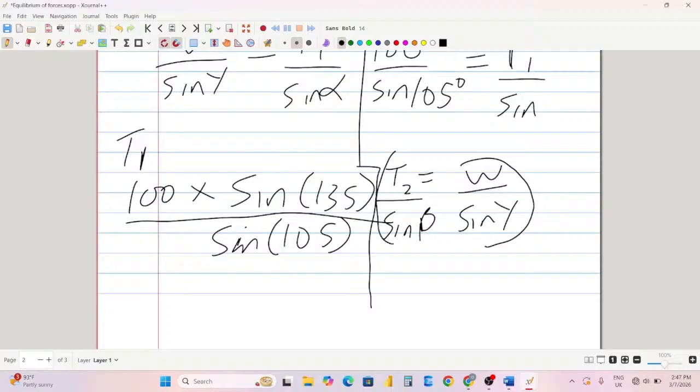Someone can try T2 and show us in the comment section what T2 should be and what T1 should be. You can give us in decimals. We just want to understand how to use Lami's theorem at this point.